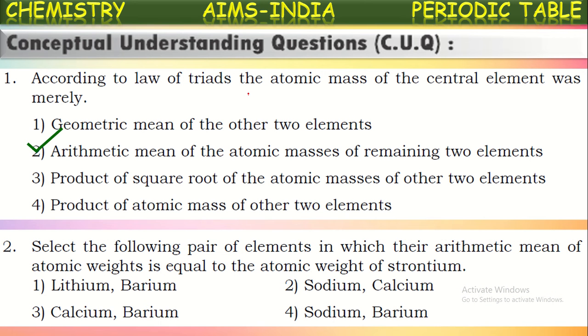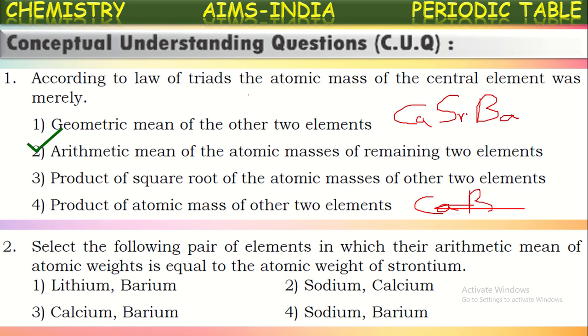Select the following pair of elements in which their arithmetic mean of atomic weights is equal to the atomic weight of strontium. Strontium is one of the elements in the triads of Dobereiner from the set calcium, strontium and barium. When written in increasing order of their atomic weights, we get the series calcium, strontium and barium.